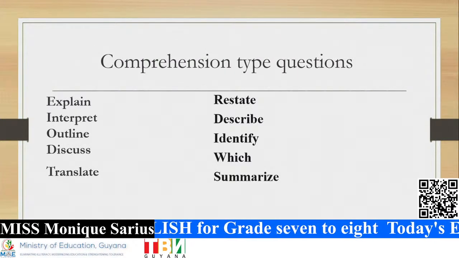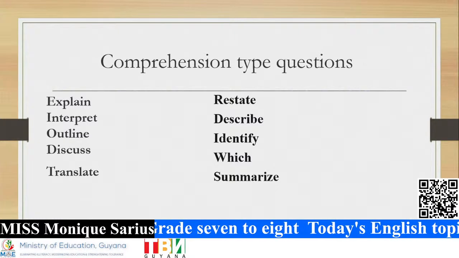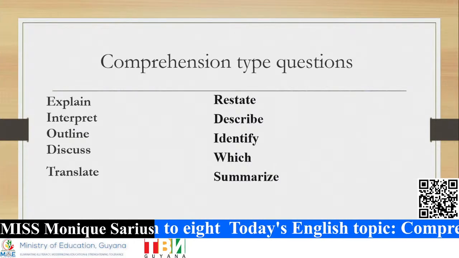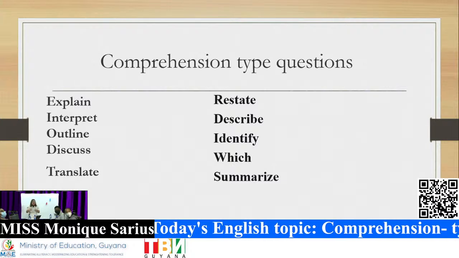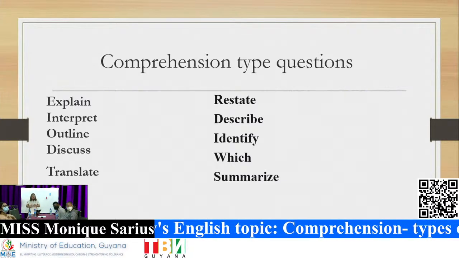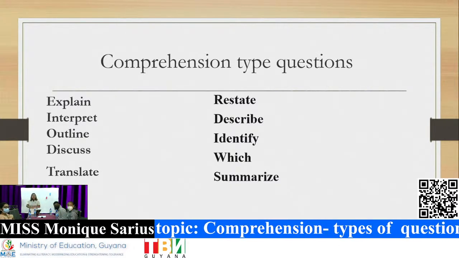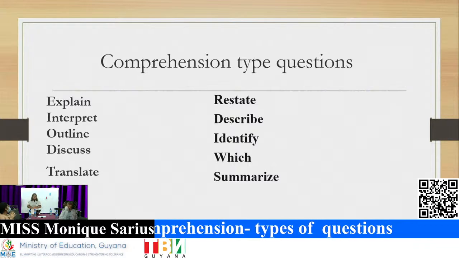It's comprehension. So do you think this is easier than that just now, or it's a little bit more difficult? It's a little bit more difficult. What are some of the terms we have there? Explain, interpret, outline, discuss. So let's look at just those four to start off with. If you're asked to explain something, do you get some of the information from the text?